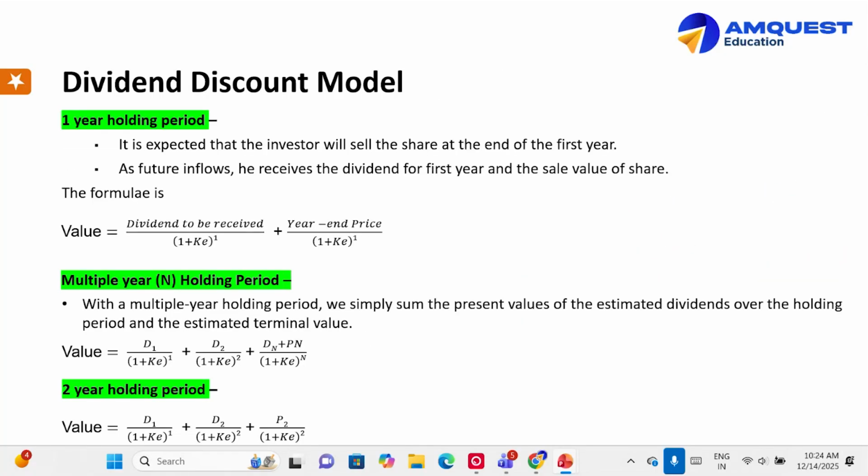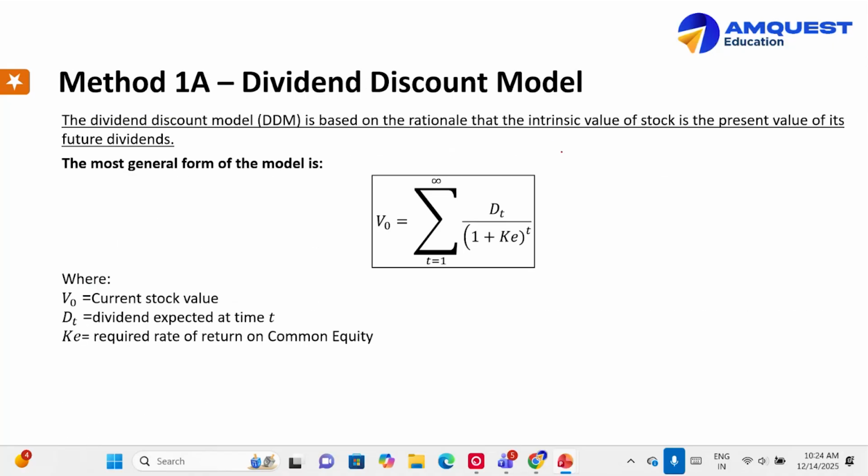Now I'll give you some formulas which you will have to write because it's somewhat easier. If you are holding the stock for 1 year, then the value of the share V0 today, the intrinsic value, will be equal to D1, which is the next year's expected dividend, plus P1, which is the value of the share at the end of year 1, divided by 1 plus R raised to 1.